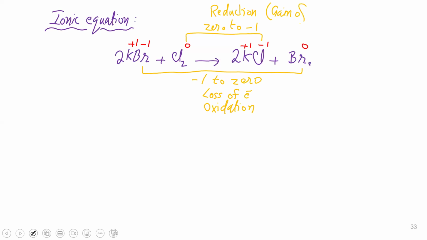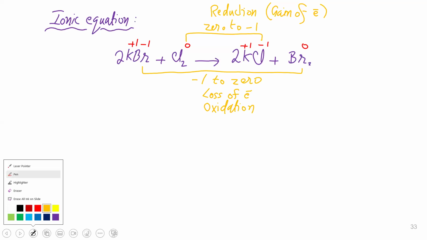Chlorine got reduced. It means chlorine is being reduced and bromine is being oxidized. So this is the language to remember. You will write the language in this way.